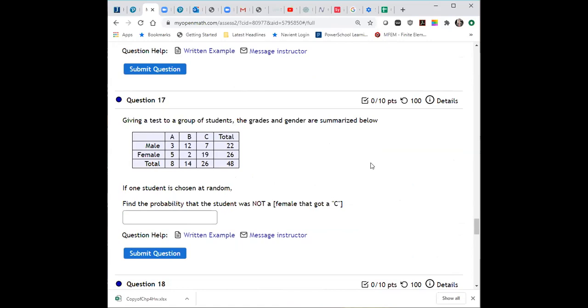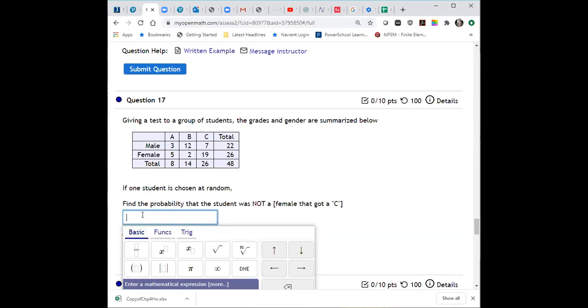You're looking for female that got C. How many female got C? Female got C, there are 19 students, right? So you're looking for not a female that got C, so you need to subtract from the total with 19, right? What do you get? 29.